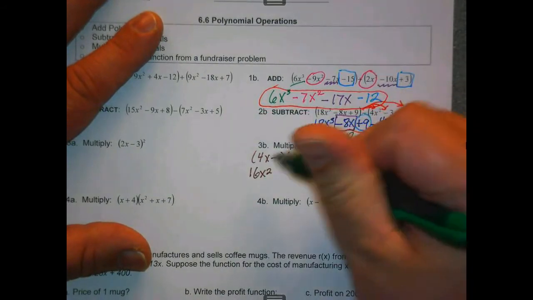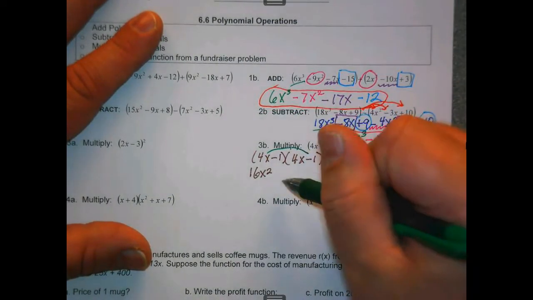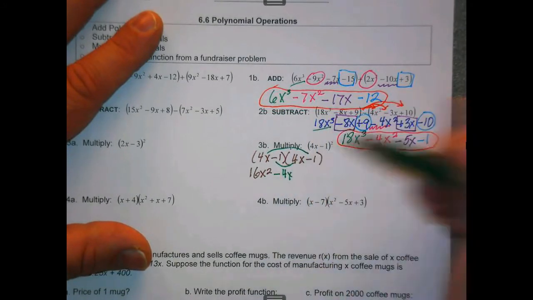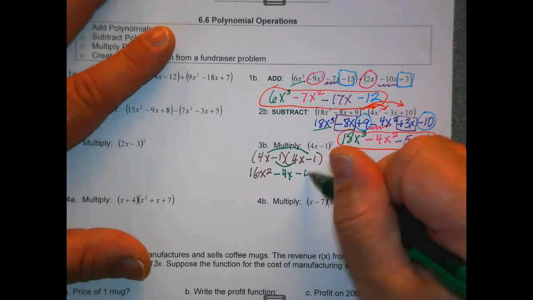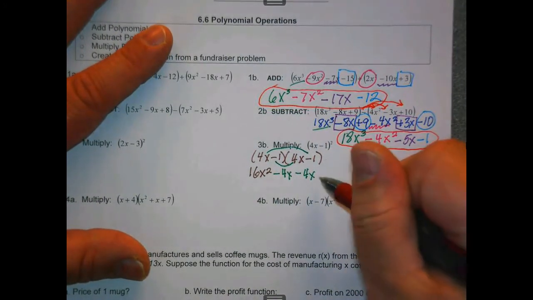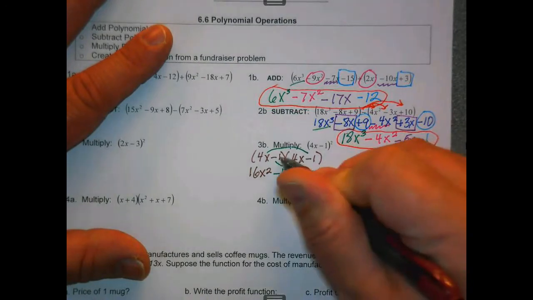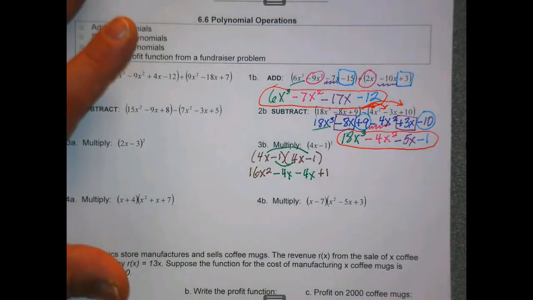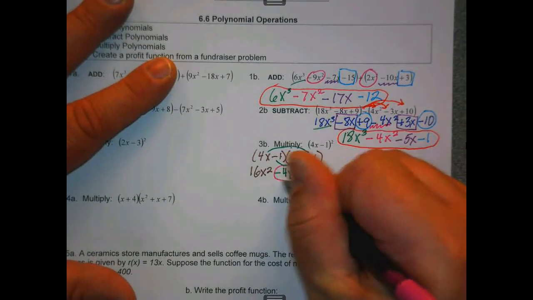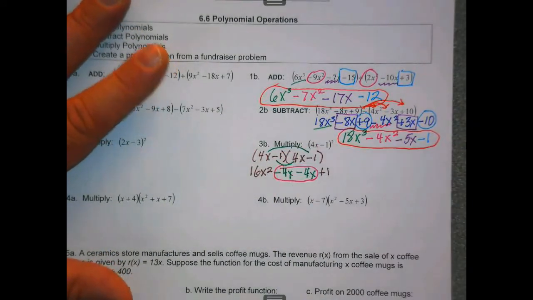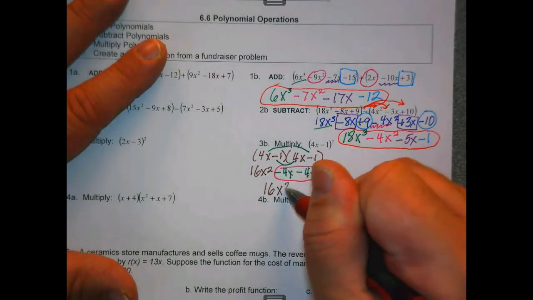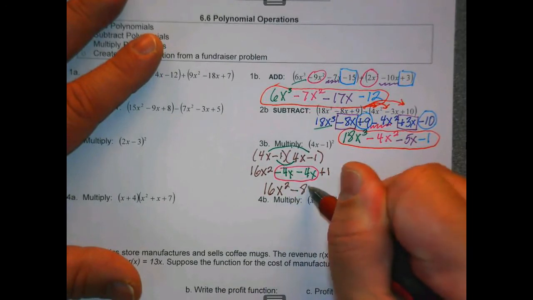Outer: 4x times minus 1, minus 4x. Inner: minus 4x. And last, negative 1 times negative 1, positive 1. Combine the middle two terms: 16x squared minus 8x plus 1.